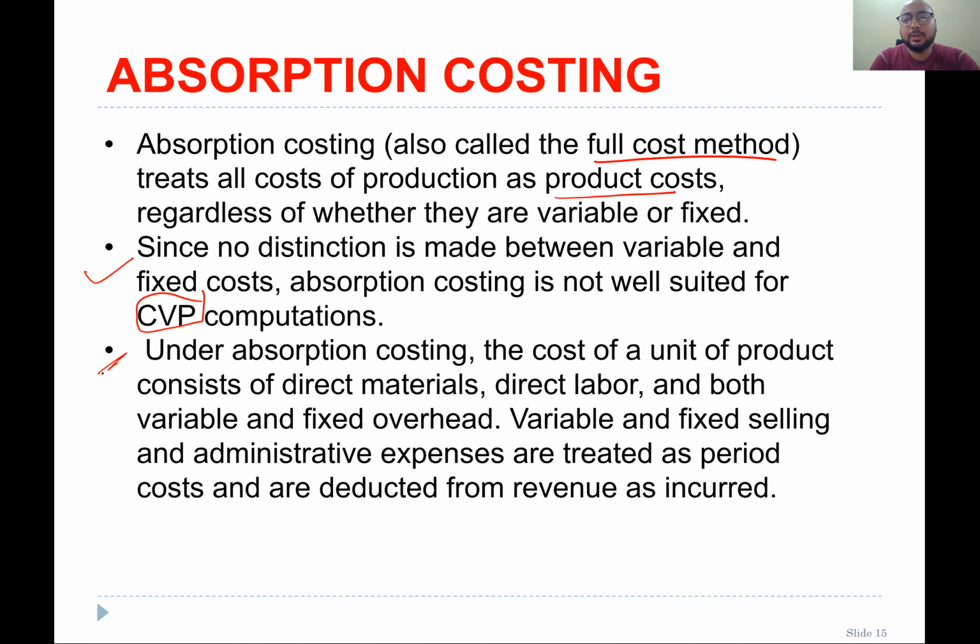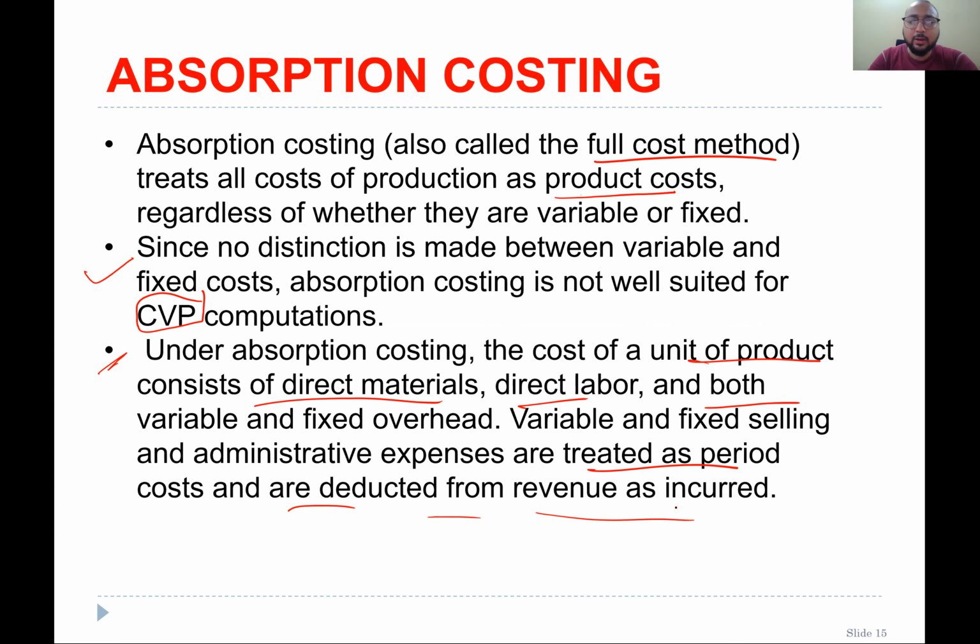Under absorption costing, the cost of a unit consists of direct material, direct labor, and manufacturing overhead, both variable and fixed. Selling and administrative expenses are treated as period cost and are deducted from revenue as incurred.